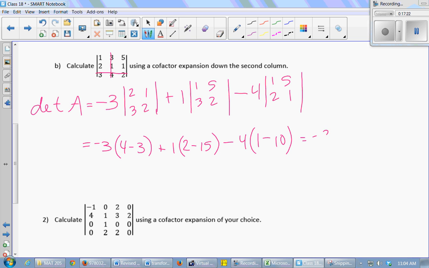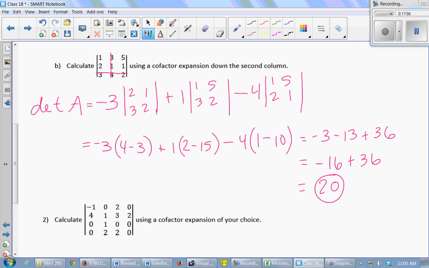So that's negative 3 minus 13, right? Yep, okay, and then 1 minus 10 is negative 9 times 4 is 36. Negative 26 plus, oops, it's not 26. Negative 16 plus 36 is 20. So you get 20 this way also.